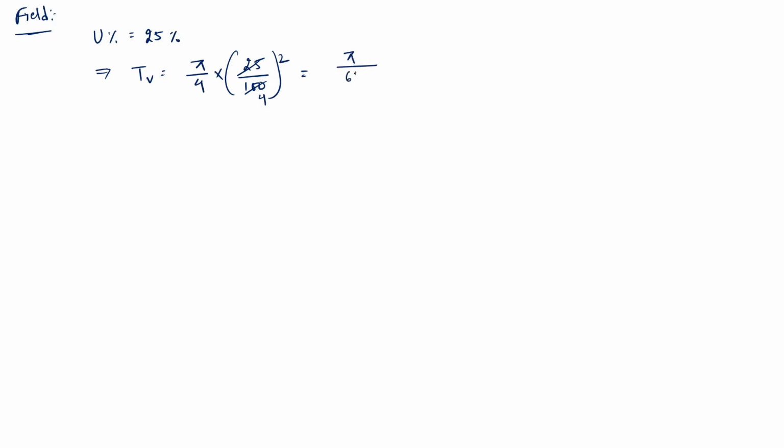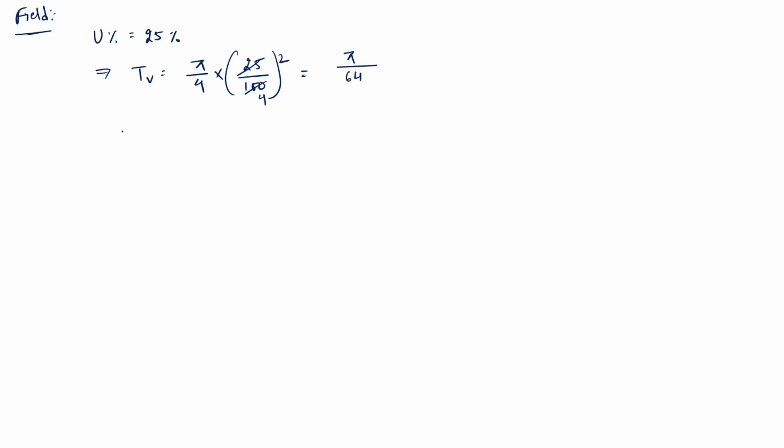In the field U is 25%, then TV you can find out: pi by 4 into (25 by 100) squared, which is pi by 64.